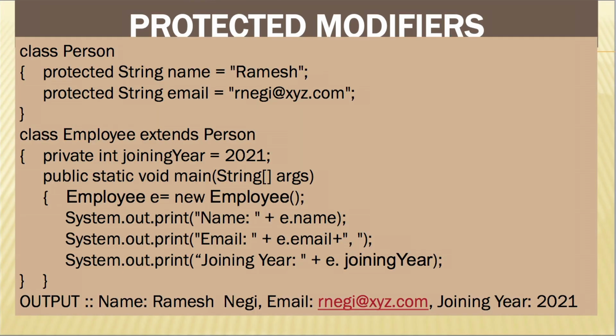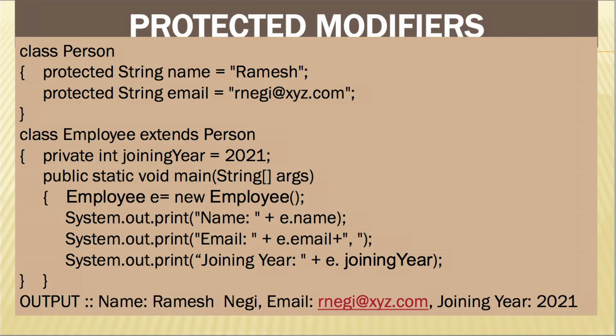Now see this example. Here we have two variables, name and email, both are protected string type variables, and by using inheritance you can see the next class, employee, which extends the person class. In this class we have one more variable, joining year, that is 2021. Inside public static void main, the first statement is Employee e = new Employee, meaning we are defining the object of the employee class.